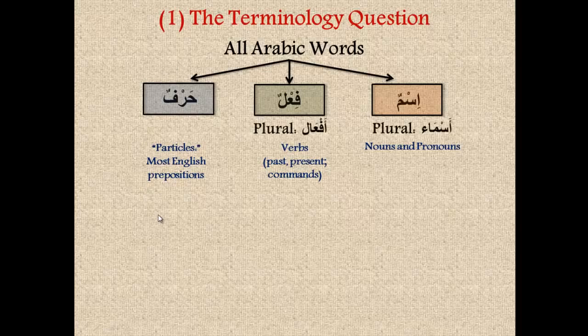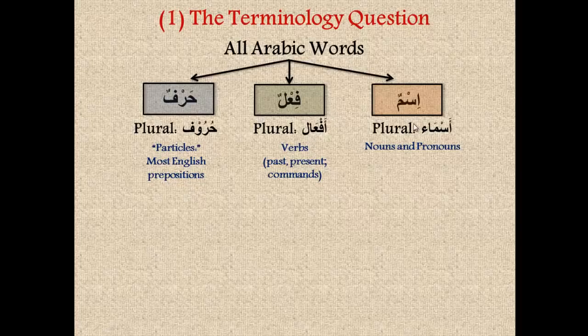Now here are the plural forms of these words. The plural form of ism is asma', the plural form of fi'l is af'al, and the plural form of harf is huruf. These 3 plurals are broken plurals, if you remember from our discussion of plurals in lesson number 1. Why are they broken?